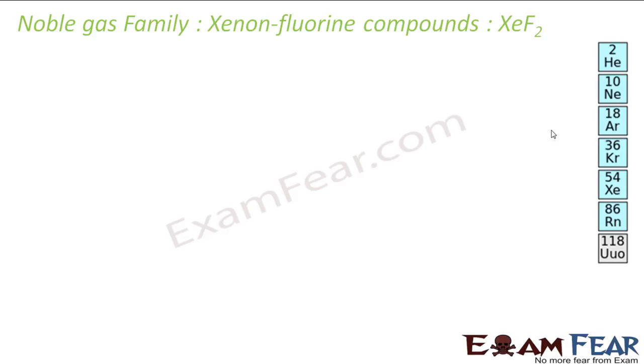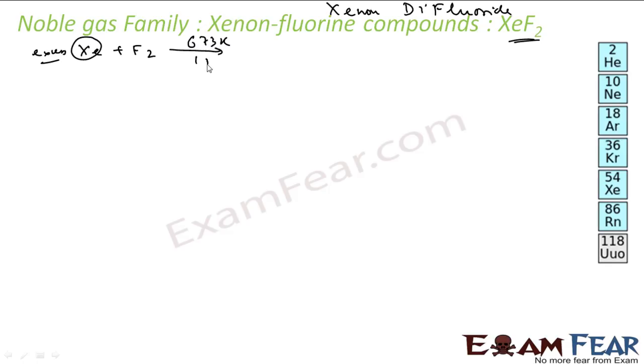The first one is XeF2, xenon difluoride. One method to prepare xenon difluoride, as I just told, is to take xenon and fluorine gas, with xenon in excess, at a temperature of 673 K and 1 bar pressure, and you get XeF2, which is solid.